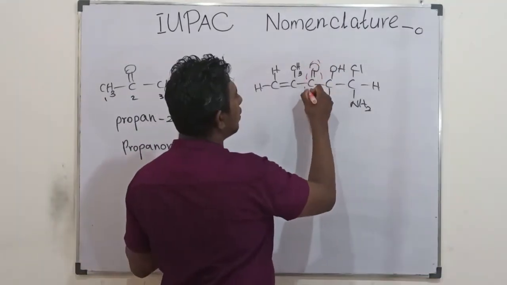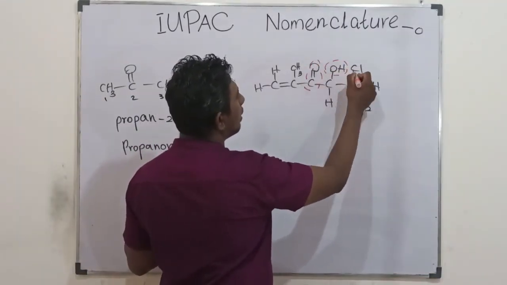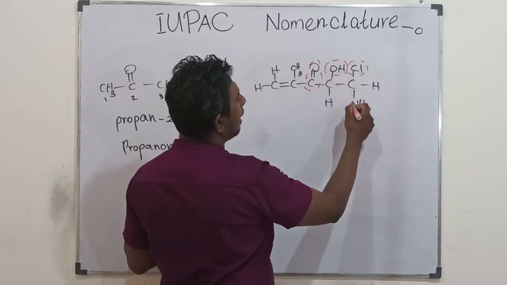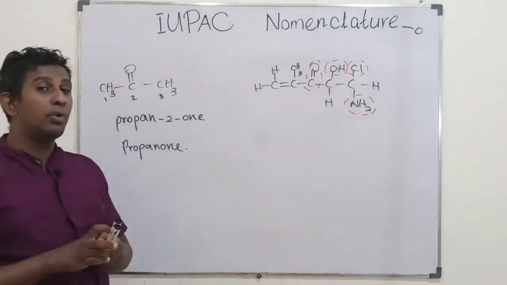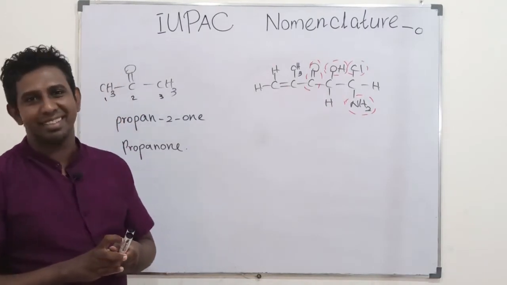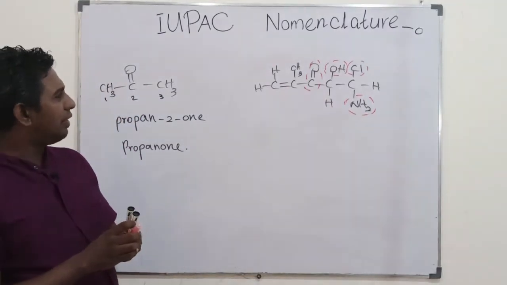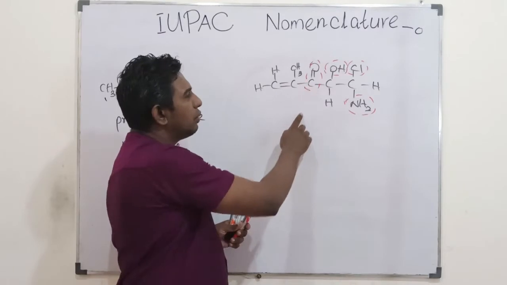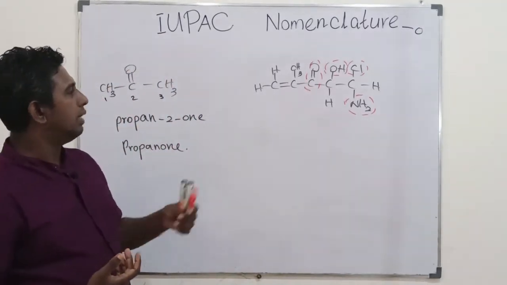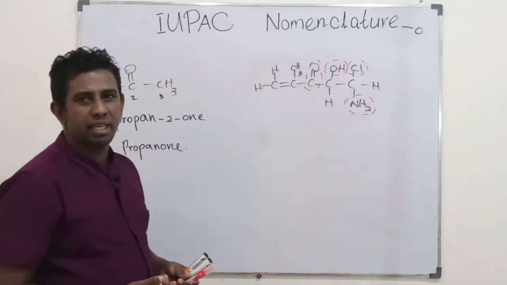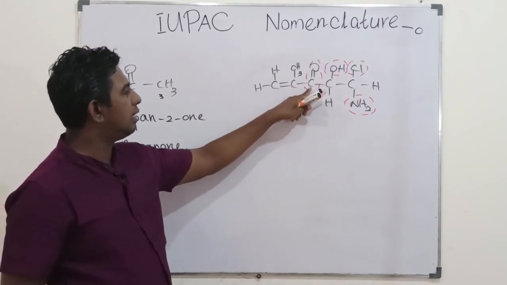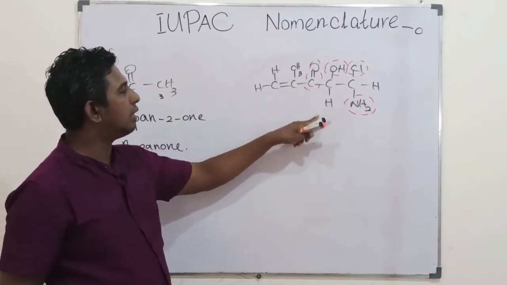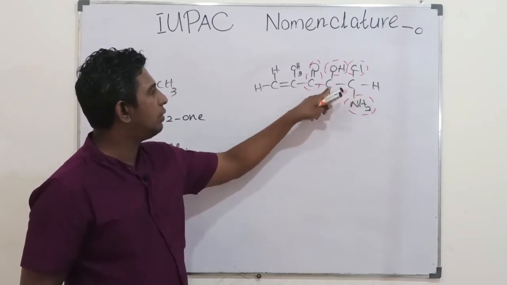This is a ketone, this is an alcohol, this is an aldehyde, this is an amine. Out of those, ketones are more prominent than others. So students, the ketone group is the prominent group. Then this is the main chain, the mother chain. From this end it is 1, 2, 3. On the third carbon you find the ketone. From this end it is 1, 2, 3.